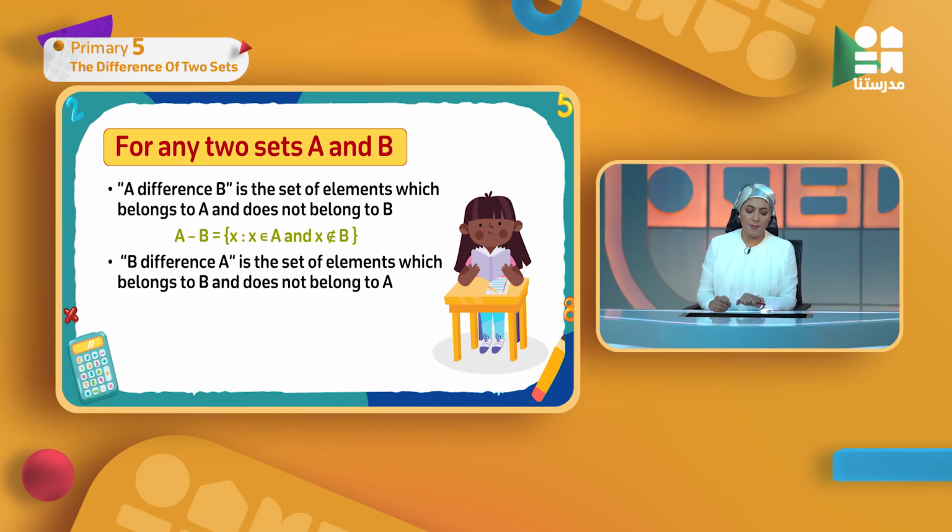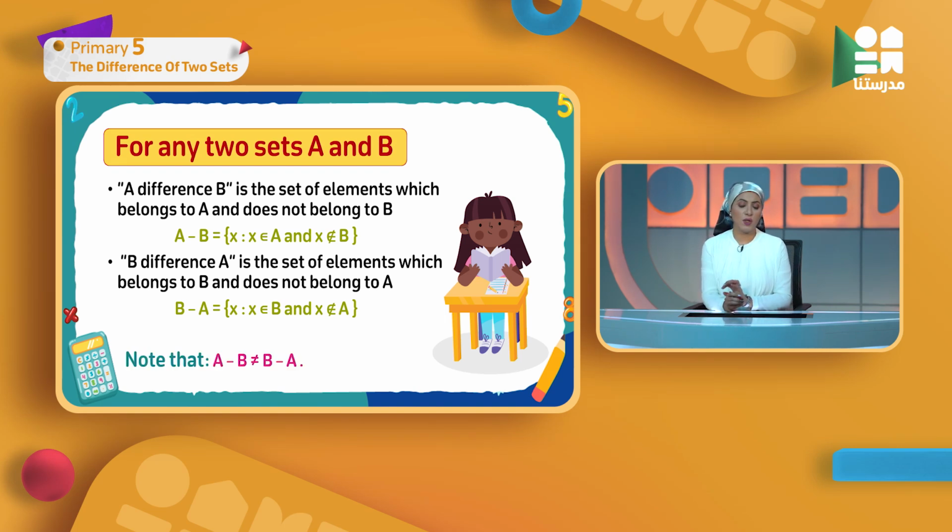It is the set of elements which belong to B and do not belong to A. Then B difference A is the set of elements X such that X belongs to B and X does not belong to A. If you notice here, A difference B is not equal to B difference A، لأن ال elements في A غير ال elements في B, and each time I take the elements of the first set and I ignore the elements of the second one.